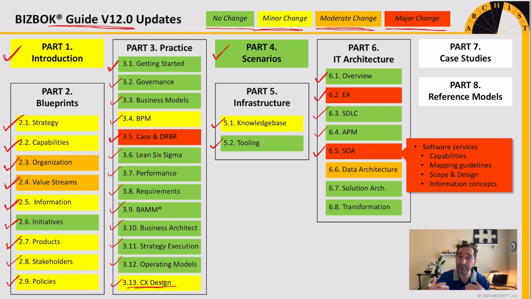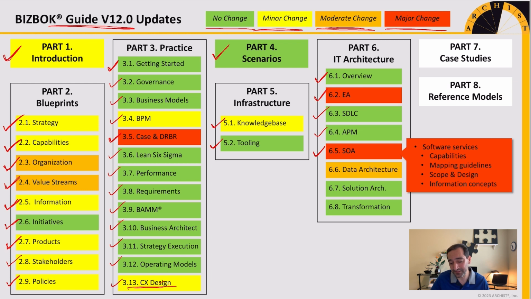There is now more detail on the mapping guidelines between business architecture and service-oriented architecture, and also leveraging capabilities in scoping and designing software services, and finally leveraging information concepts to define the data requirements for software services in the SOA environment.